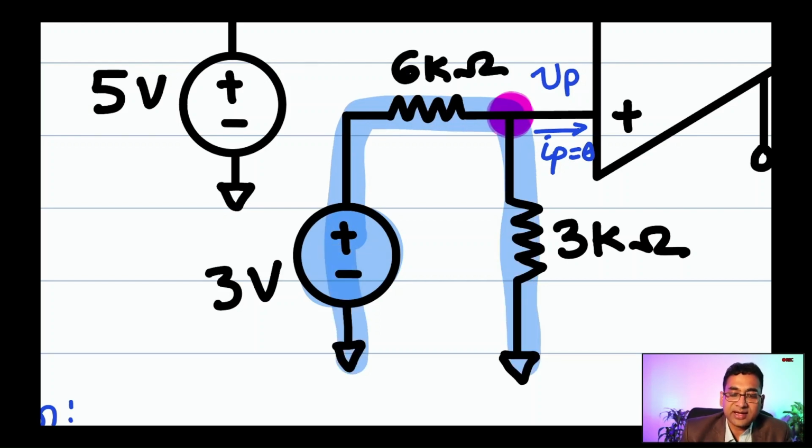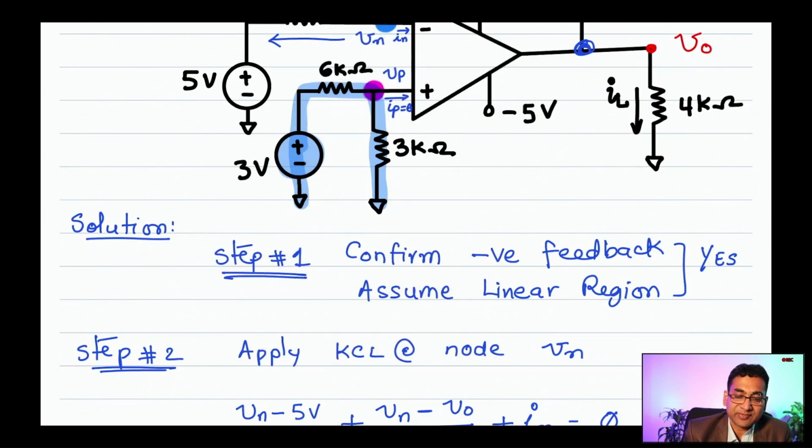Okay, Vp is part of a voltage divider between 6 kilo ohms and 3 kilo ohms. So if you have to find the value of Vp, really Vp is going to be 3 volts divided by the total resistance 6K plus 3K.